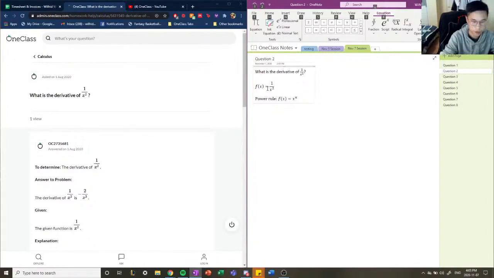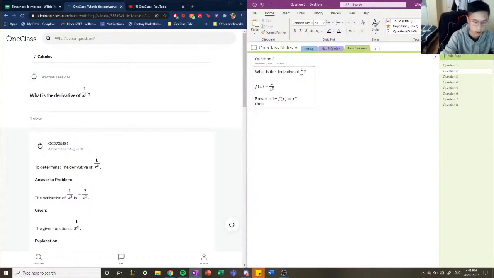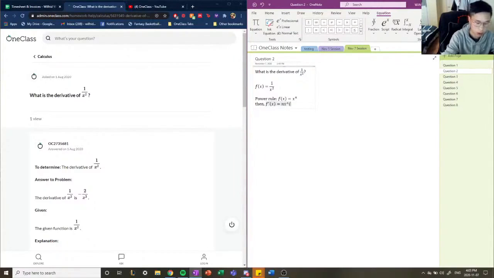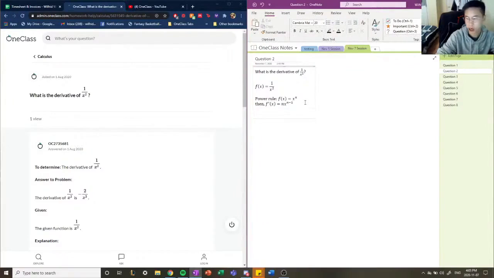So if our f of x equals that, then f prime of x equals n times x to the power of n minus 1. So this is what the power rule describes. If our function is of the form x to the power of n, then our derivative is taking that exponent down and subtracting the exponent by 1. So that is our derivative.